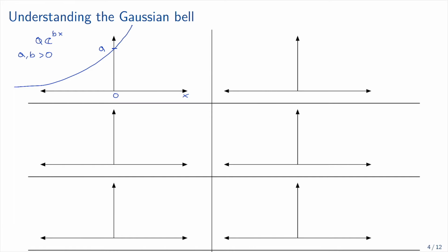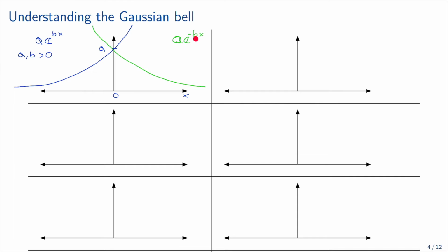Now, what happens if we put a negative exponent? Let me do it in a different color, so we have a multiplied by e to the minus bx. Still a and b are bigger than 0. So what we have is a reflection of the curve. So it's coming from infinity and approaches 0 as x is increasing.